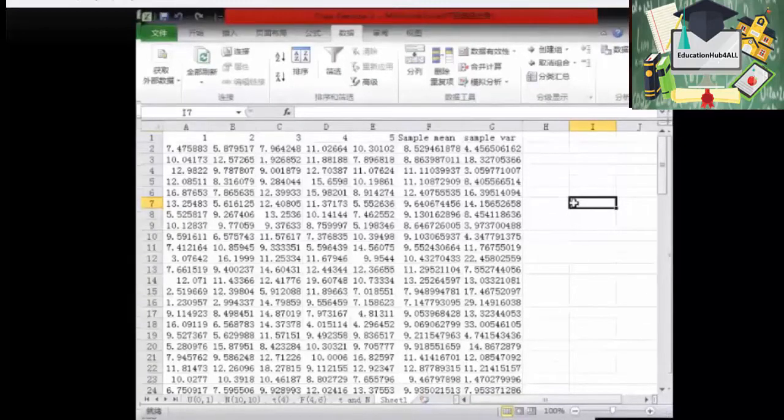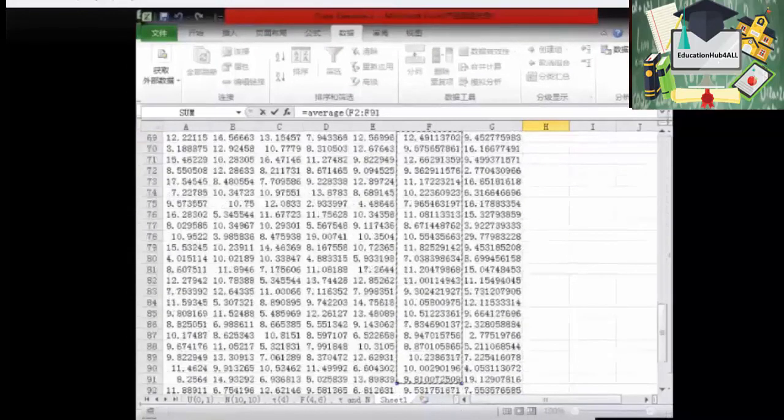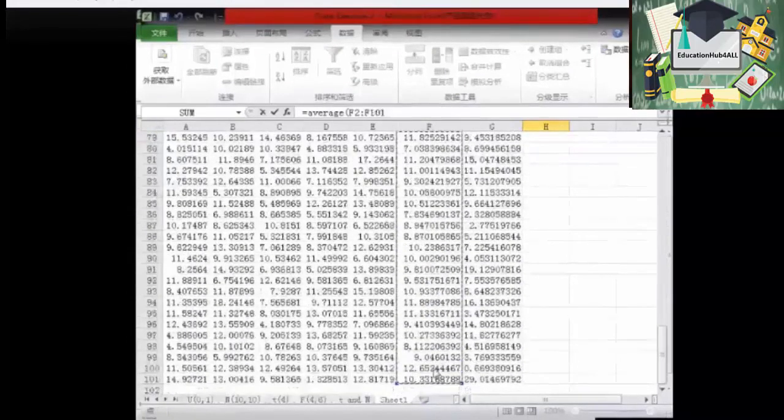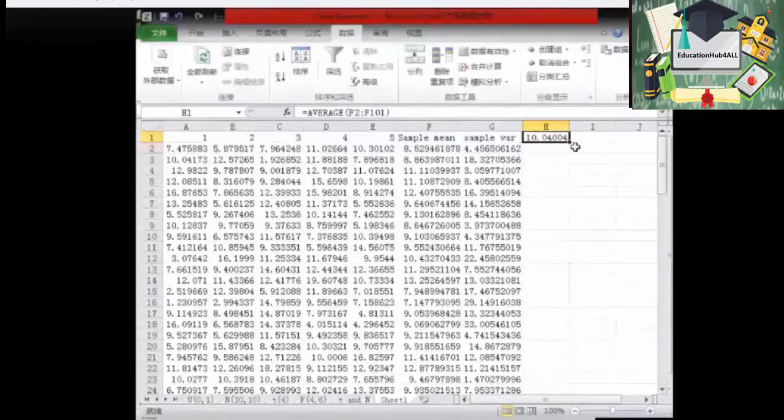Anyway, you can try. Let's say I just put the average of the 100 sample means. Okay, it's close enough.